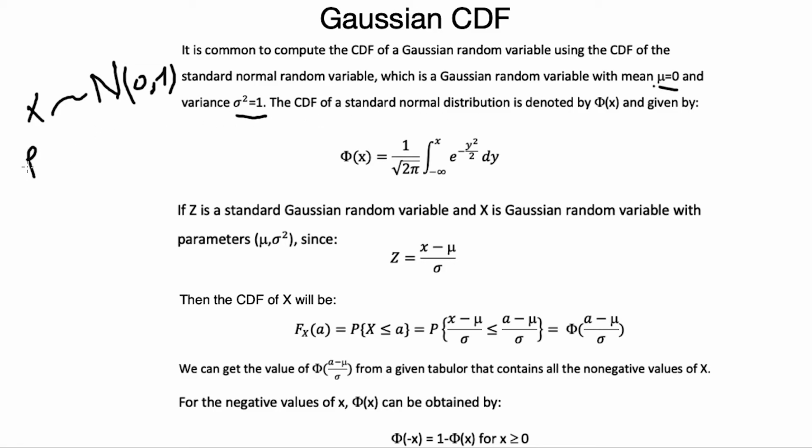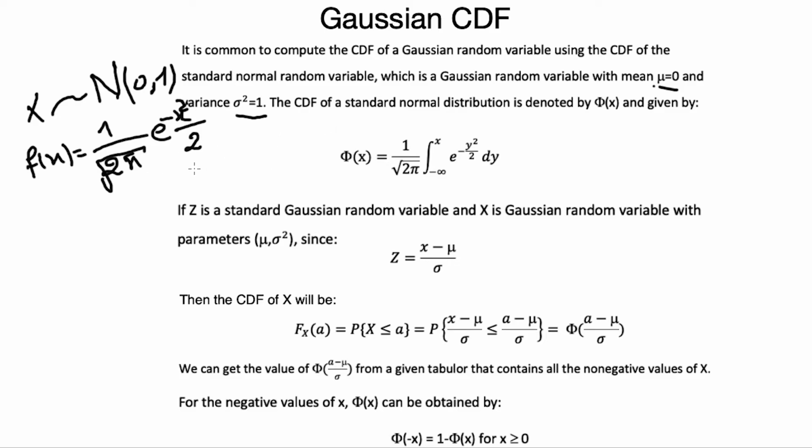In this case, f(x), the PDF, will equal 1 over the square root of 2 pi, times e to the minus x squared over 2, since mu is 0 and sigma squared is 1.